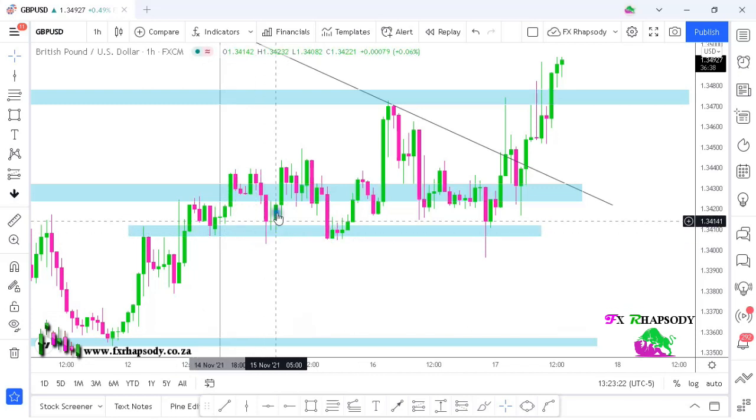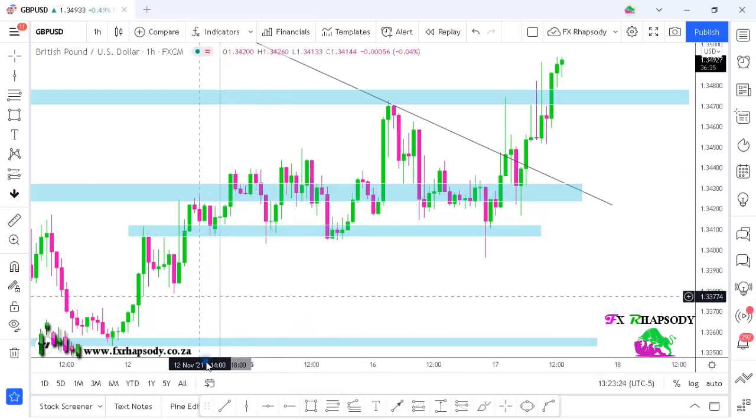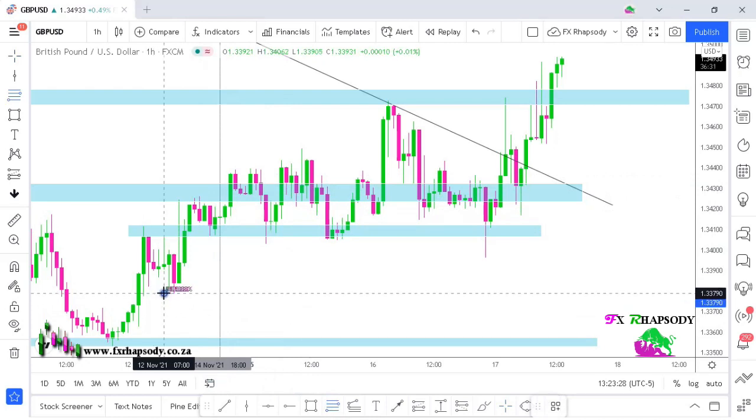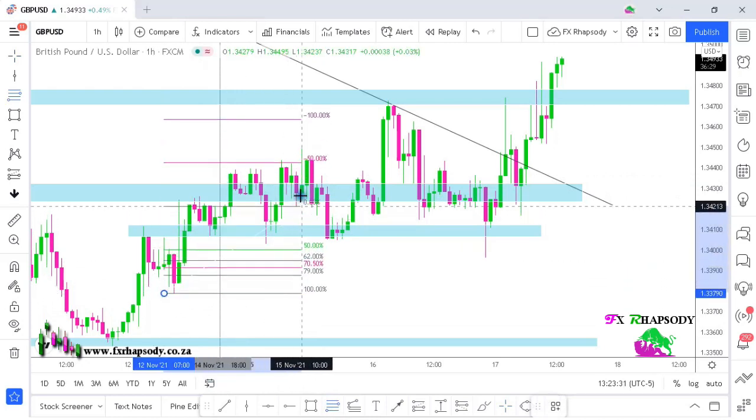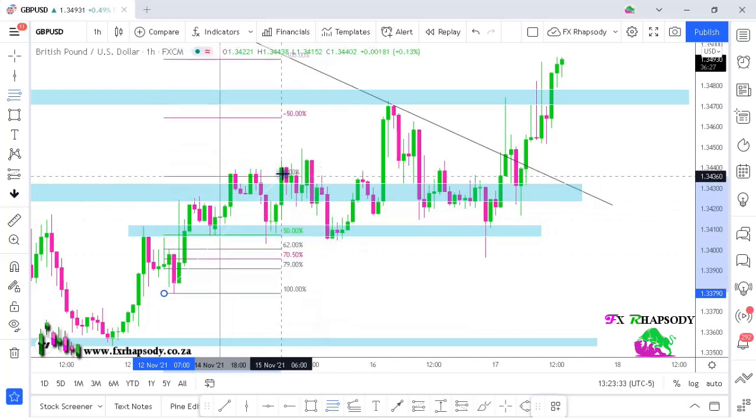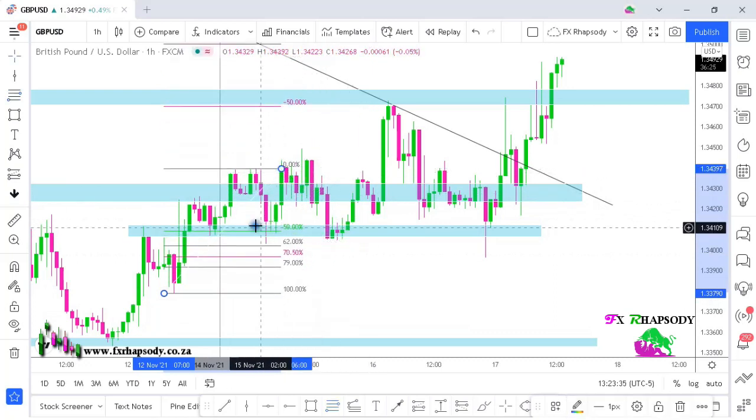Then price moved up again, and this is where it piqued my interest. So I take my Fibonacci from this low and place it to that high over there. You see price going up, coming down to retest it.